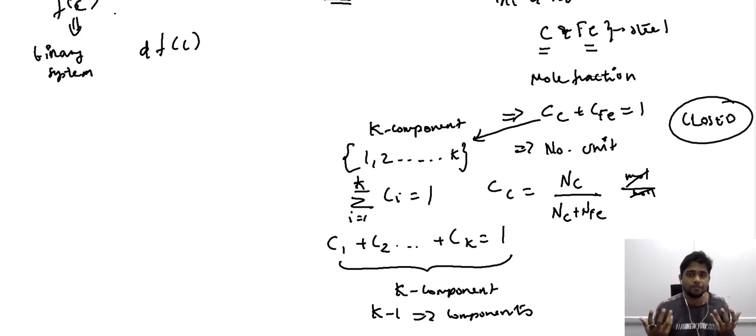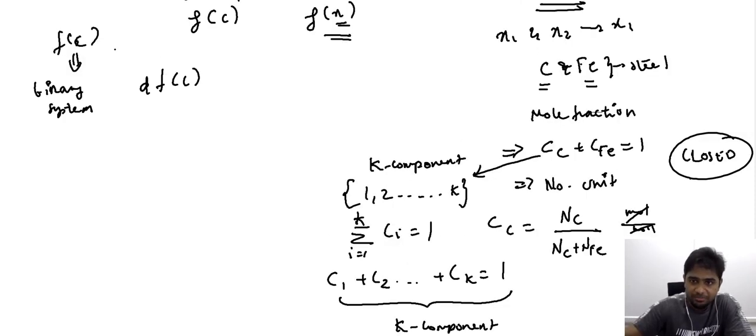That's the reason why, even though the free energy of a binary system should be described using a bivariate function, we were able to reduce it to a univariate function. Now, this is just a side note that might be helpful for your understanding of certain materials research, wherein when they talk about expressing the concentration in mole fraction, they assume that even though the system comprises k components, there are only k minus 1 independent variables present.